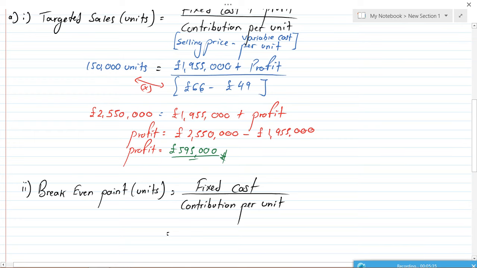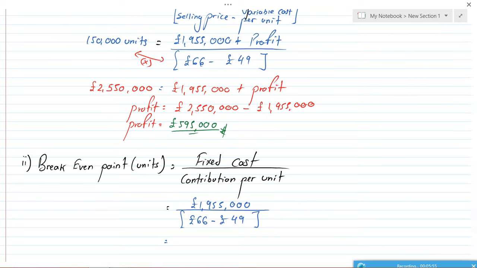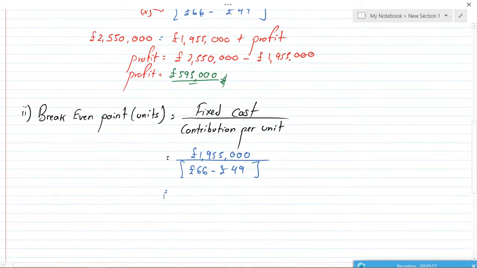So let's start our working. Fixed cost going to be 195,500 over what? Selling price 66 minus your variable cost 49. So you will get 115,000 units.